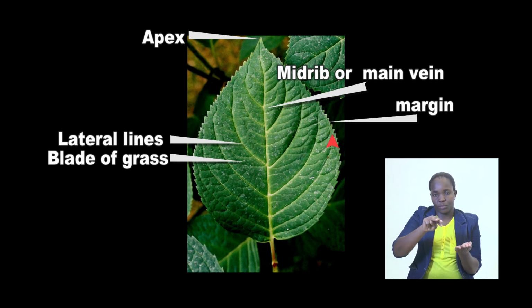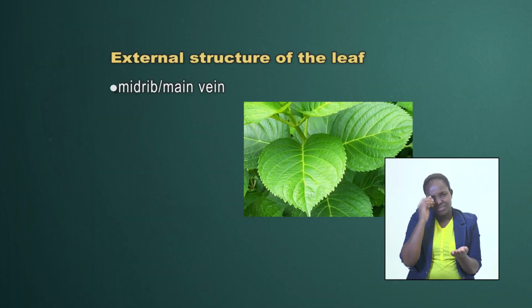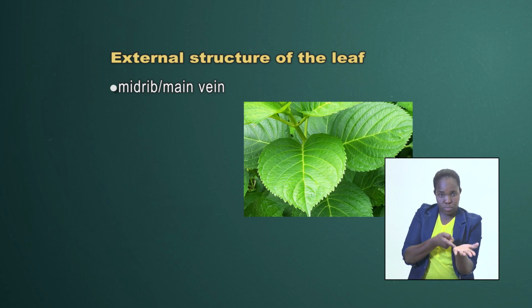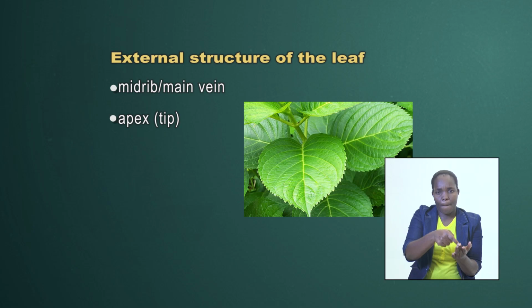So, learners, in terms of the external structure of the leaf, here's what we should know. It has a line through the middle, which is the midrib or main vein. And it runs from the base of the leaf to the tip, which we call the apex.